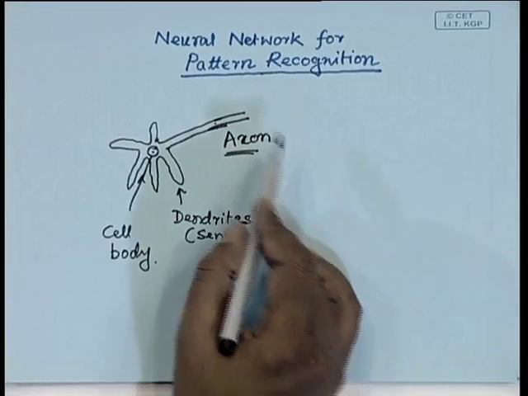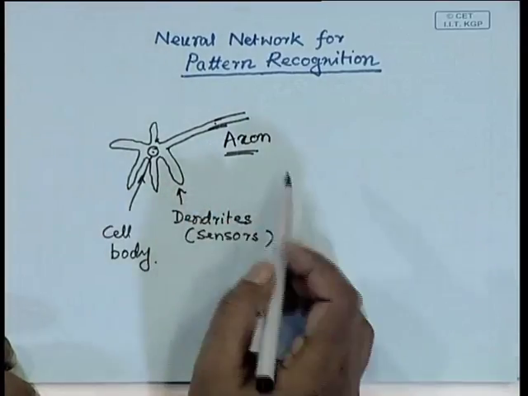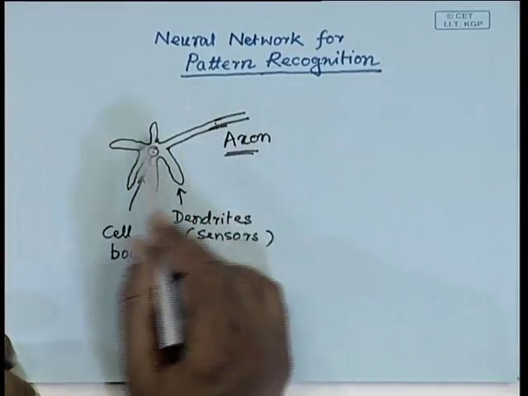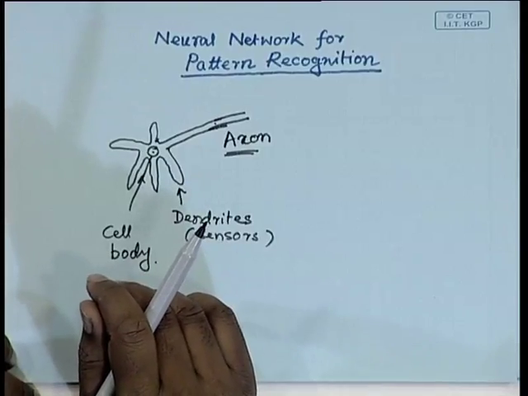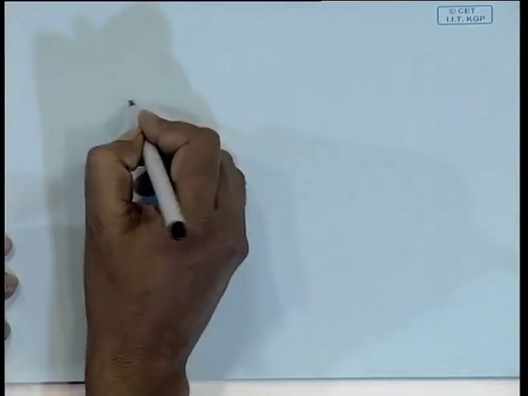So, the neural network also tries to imitate a functionality something like this. A neuron model for machine intelligence or for artificial intelligence will be something like this.